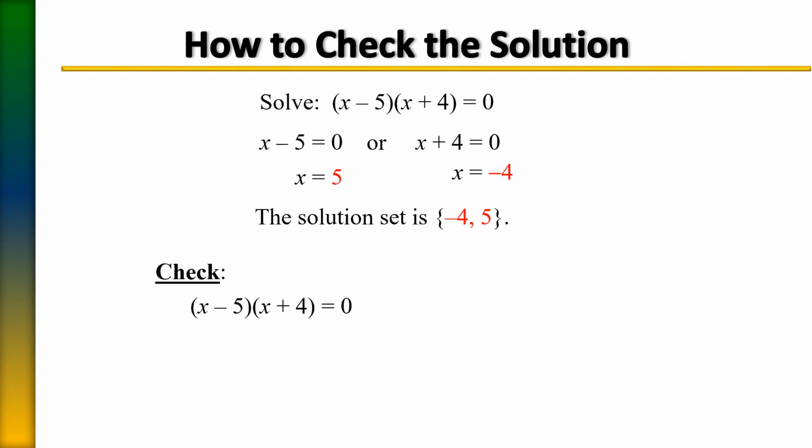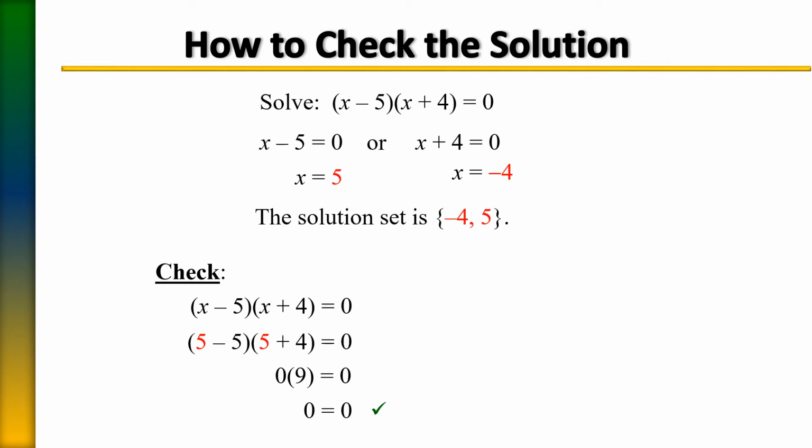So here's the factored form. If I plug in a 5, replacing the x's with 5 and doing the math, I have 5 take away 5 is 0. 5 plus 4 is 9. 9 times 0 is 0. So by plugging in a 5, it zeroed the equation out.